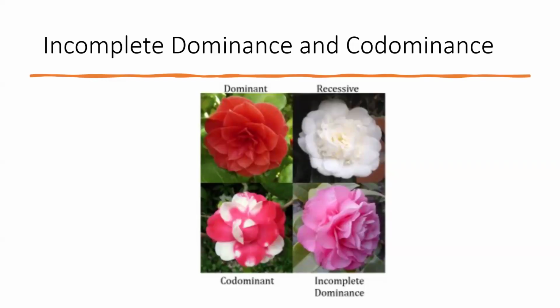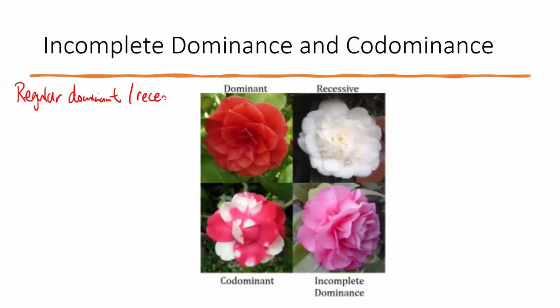It turns out genes don't always interact through the dominant and the recessive model. So let's say we have red and then we have white, then dominant and recessive would be like this. So this is regular dominant, recessive.